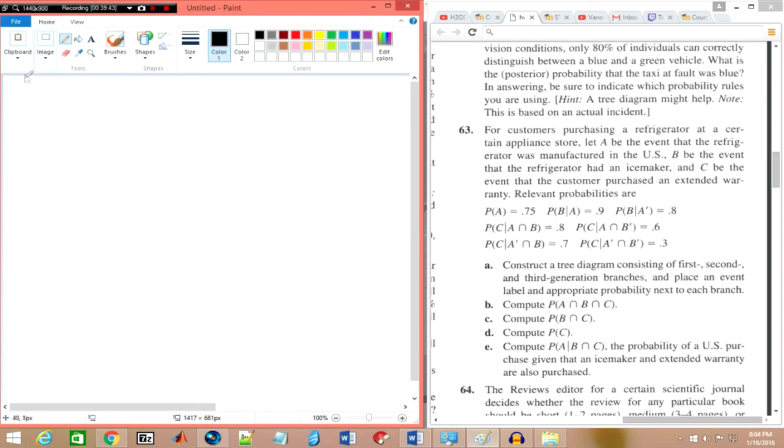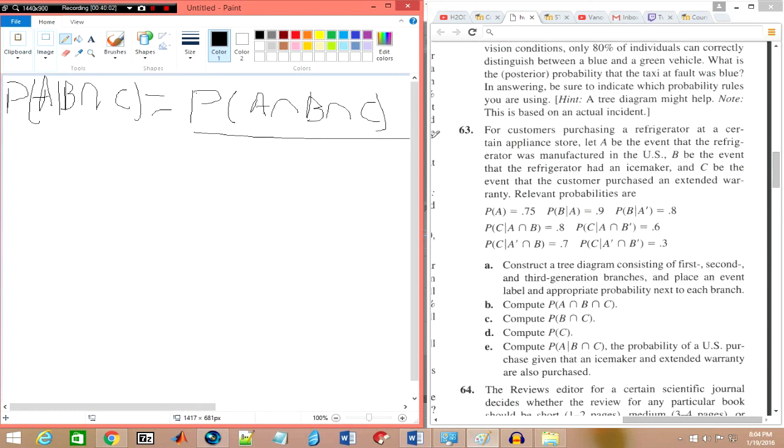Let's go ahead and do the math on this. Probability of A given B and C is equal to the probability of A intersect B intersect C divided by the probability of B intersect C, which we already calculated in a previous problem.